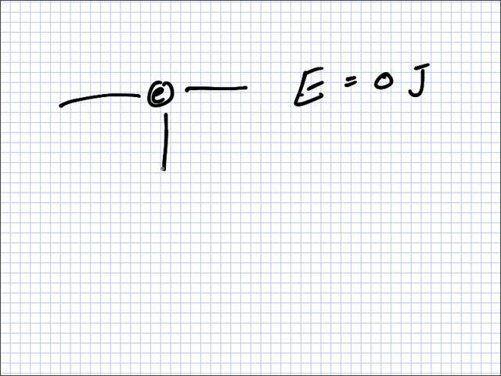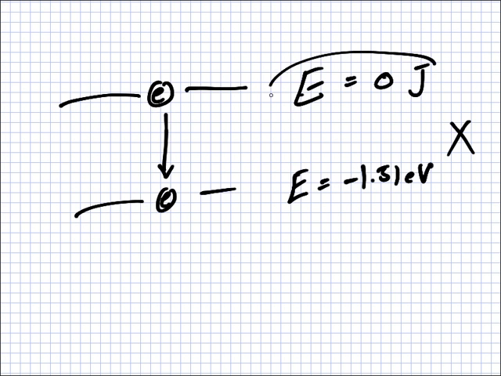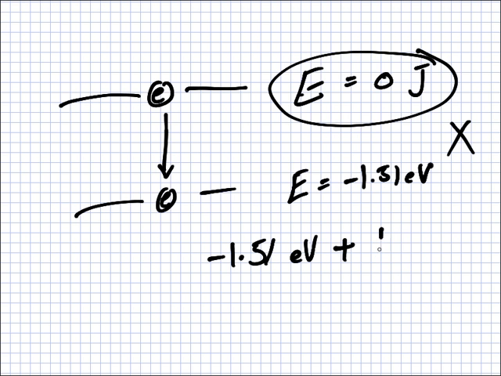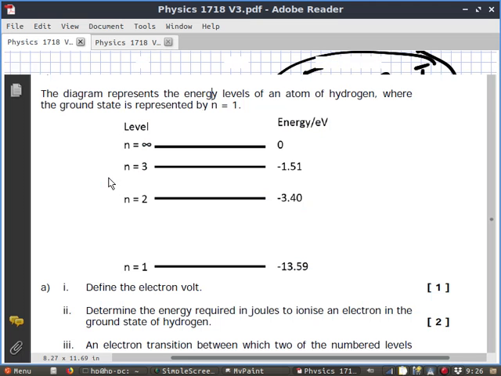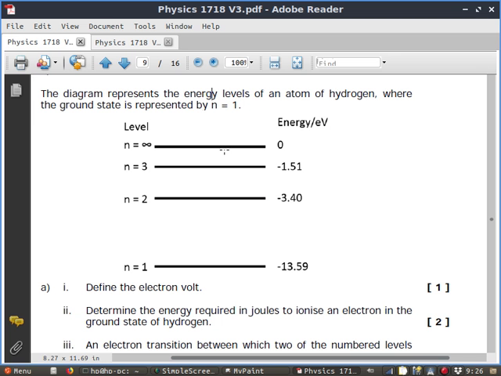So I'll draw the picture here. Here's the electron. Its energy right now, for example, is 0 joules. It falls down. Its energy is minus 1.51 eV. This is wrong because the total still needs to be 0. So we have minus 1.51 eV plus some other energy must equal 0. This other energy is the photon that comes out. The question is, what movement will make the highest frequency?